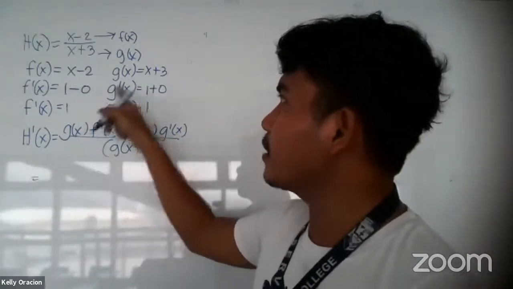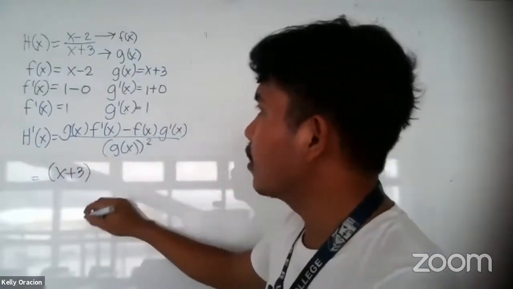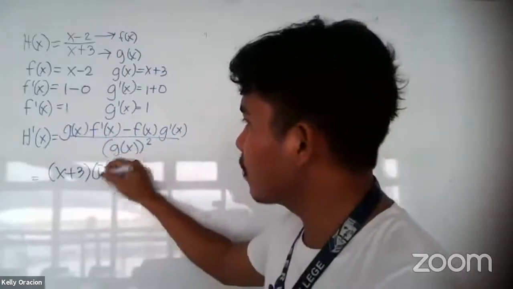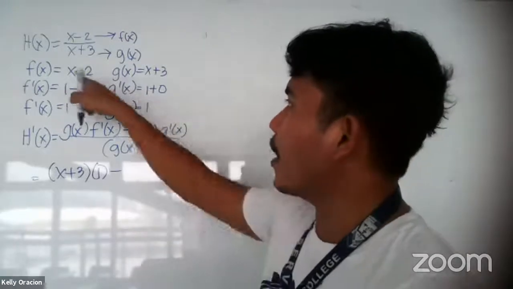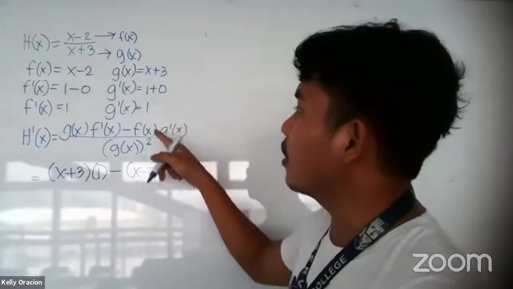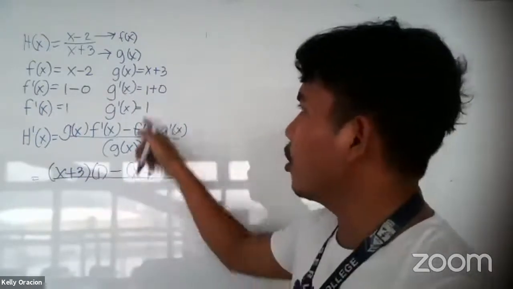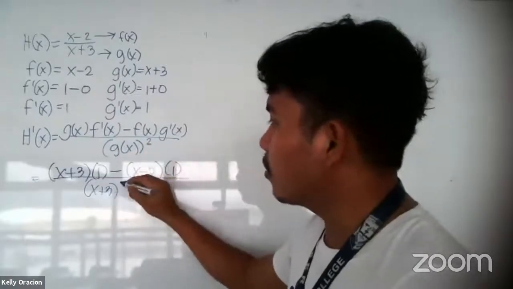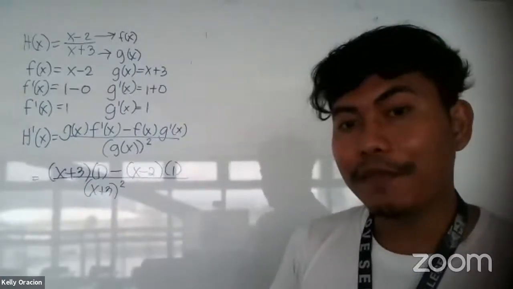Your g of x is x plus 3. Your f prime x is 1 minus. Your f of x is x minus 2. And your g prime x is 1 over g of x is x plus 3 squared. Okay, simplify.